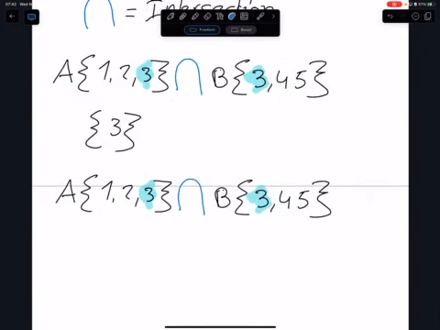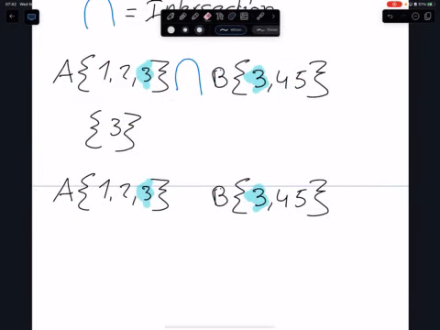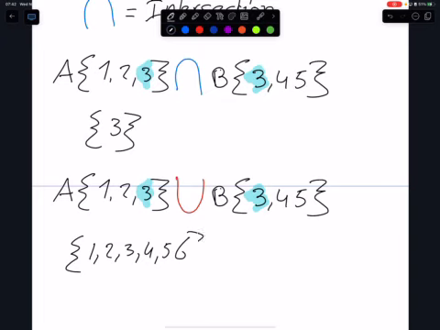We take the same example again, but in this case, we use union. So I have two different sets. I would like to join them together. Now, taking into consideration, in both bags, I have the same number, 3. So when I place my answer, I only write 3 once.